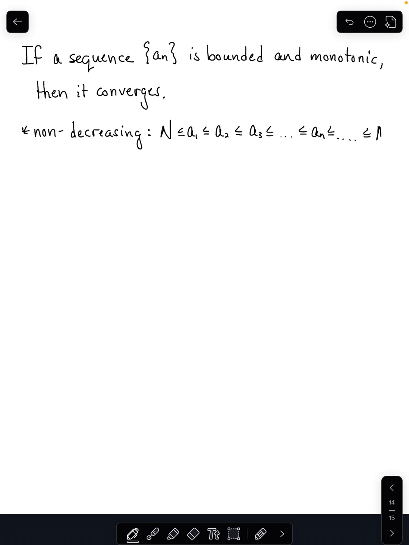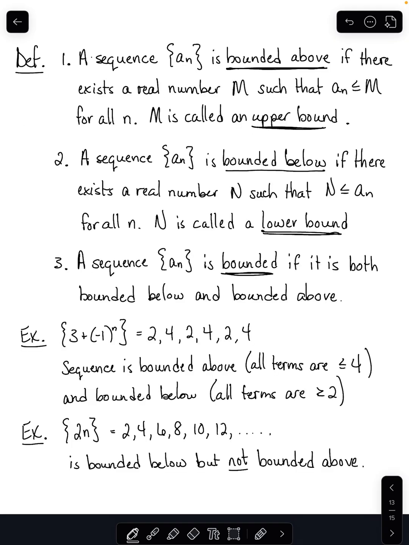And there is some value m such that all of the terms of the sequence are smaller than it. The idea then is if these terms are all getting bigger, or at least no smaller, then they are approaching some value. And assuming that m is the smallest possible upper bound, now there are many values that could bound a sequence. Coming back here, for example, we never said what the upper bound of this sequence was.